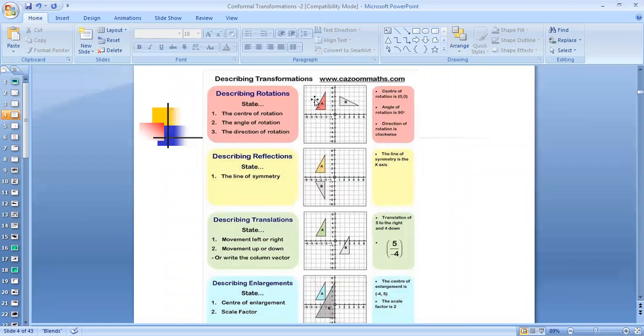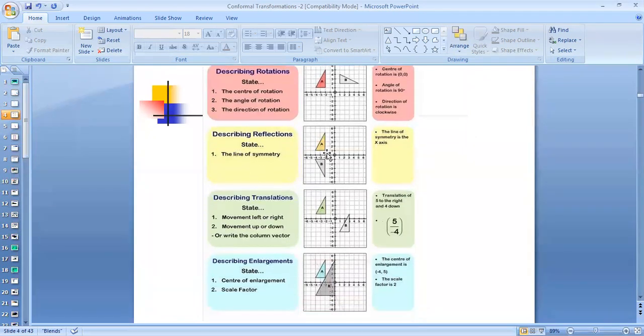This is the geometrical interpretation of rotations. In rotation, just the angle is rotated about the center of rotation. And this is the reflection. This is the image of this, and B is the image of A. This is the reflection.